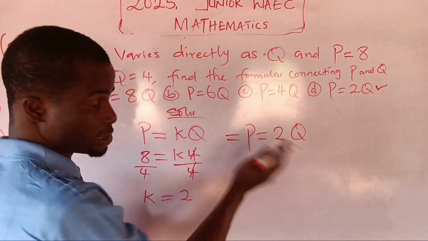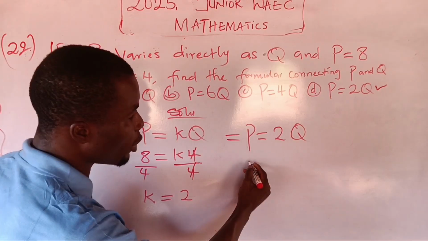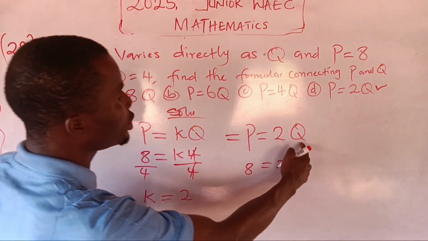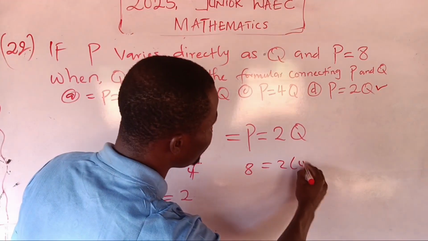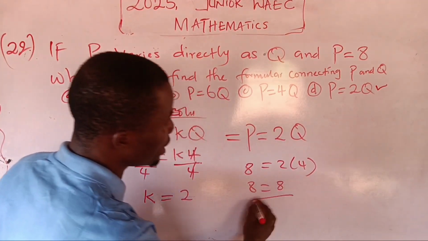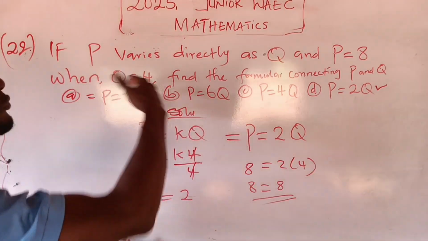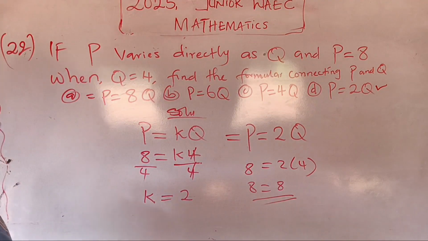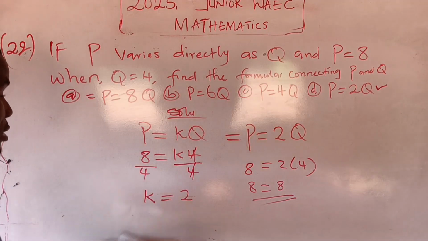You can try it. We have P to be what? P is 8, and 2. Q is what? Q is 4. So we have 8. 2 times 4 will give us what? 8. That is what we call P varies directly as Q. So they are equal. So now let's go to question 23.